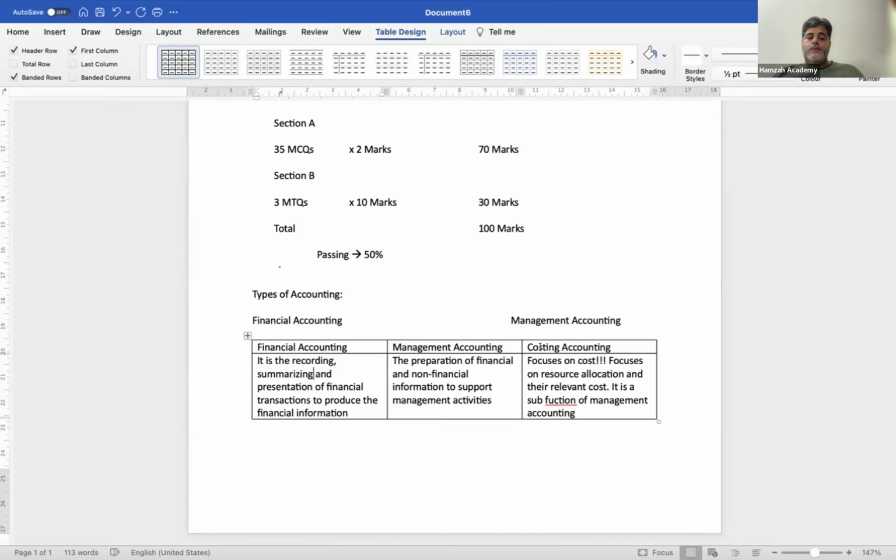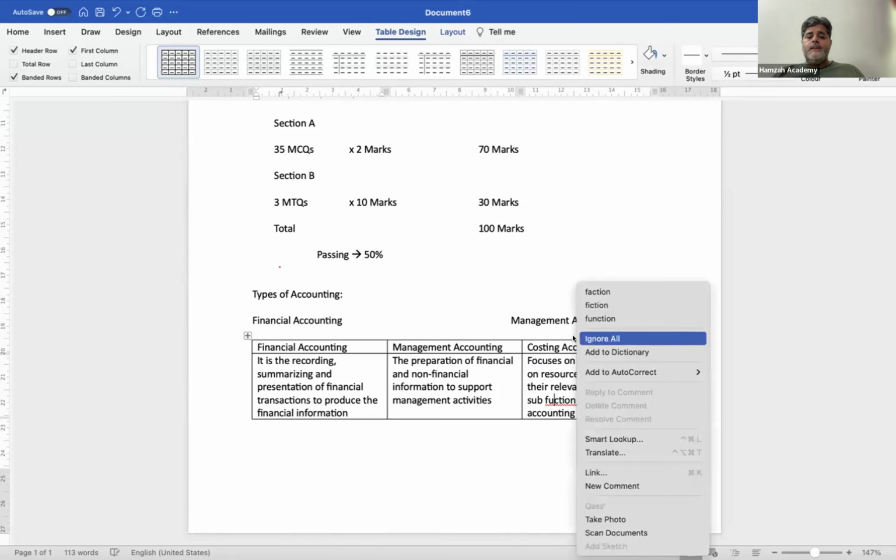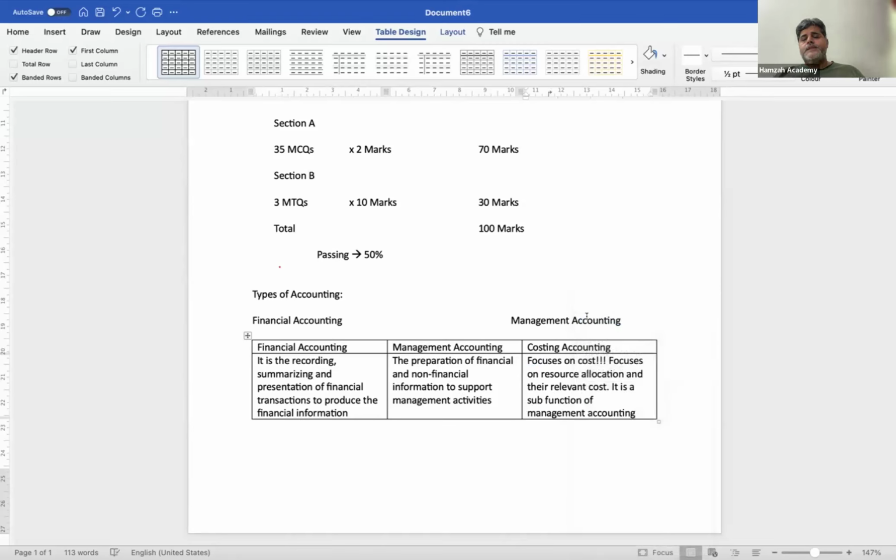And then, as far as cost accounting is concerned, this focuses on cost. It's a sub function of management accounting. Overall, this is where we talk about resource allocation along with the costs that are occurring. And at the end of the day, we have to compare the relevant costs as well.